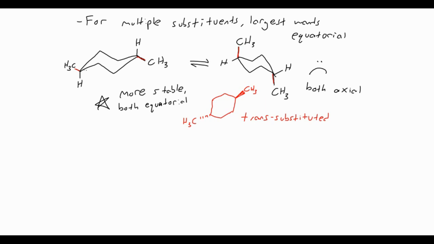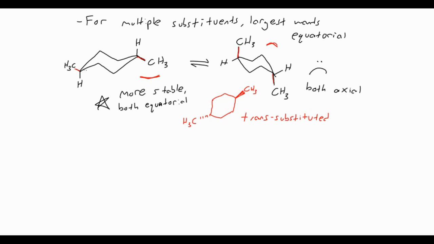And for trans substituted cyclohexanes, for example, for this dimethyl substituted cyclohexane, we have both substituents equatorial in this conformation and both substituents axial in this conformation. So that's rather easy for us to figure out which is more stable.